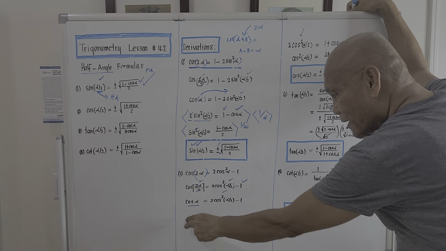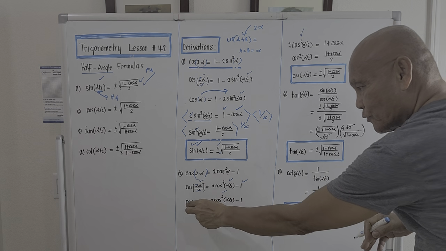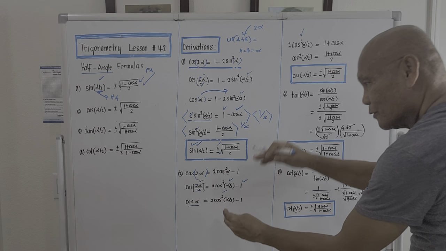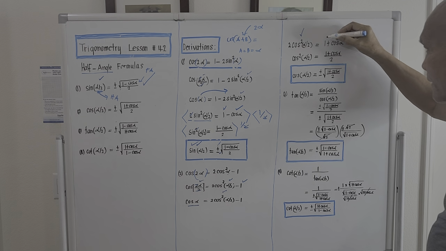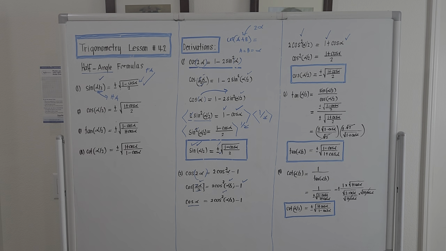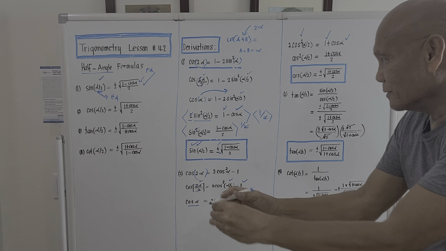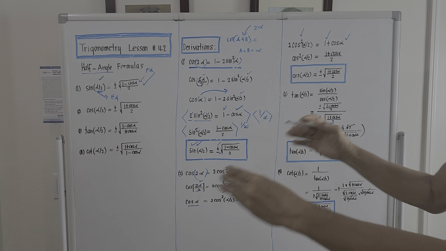We put it on the left, so it will now be plus, but we rearrange. We put this one here, plus 1 on the right hand side, so this will now be 1 plus cosine of alpha. Right? So cosine of alpha and 1, we just change location.